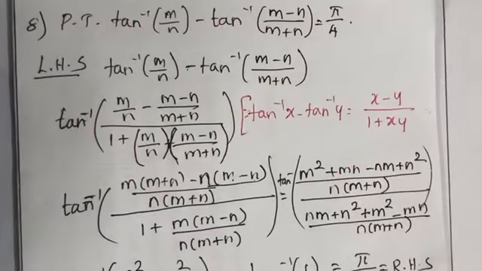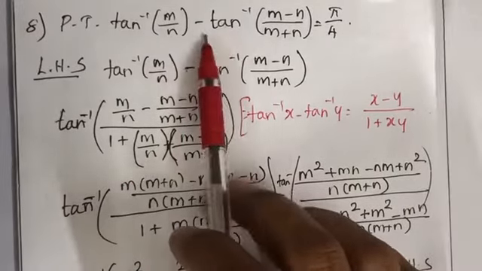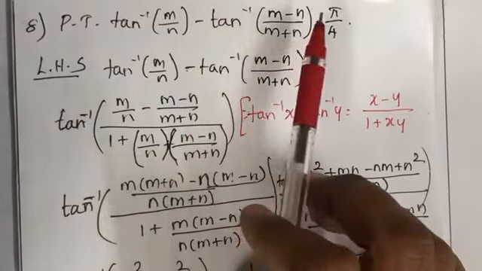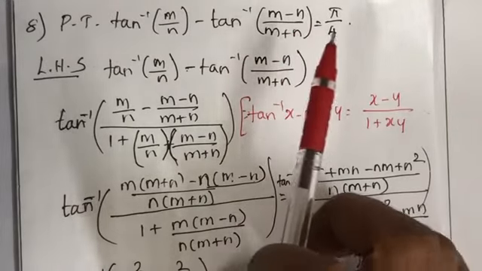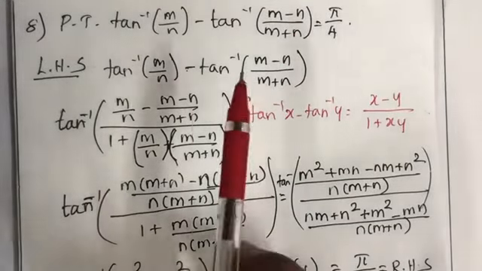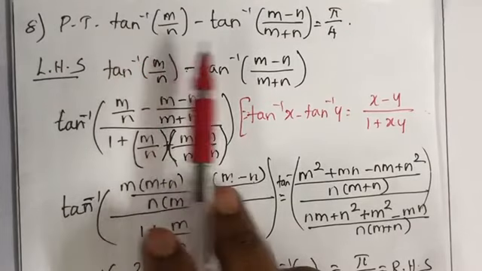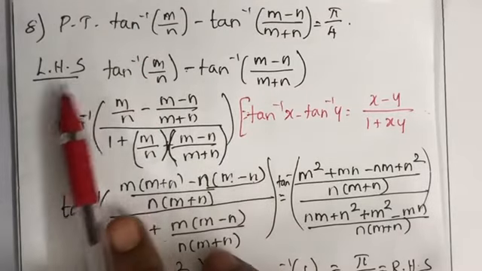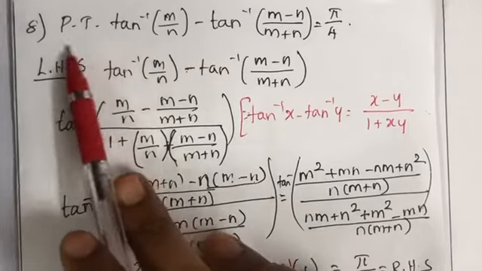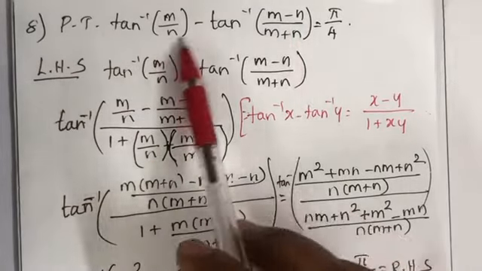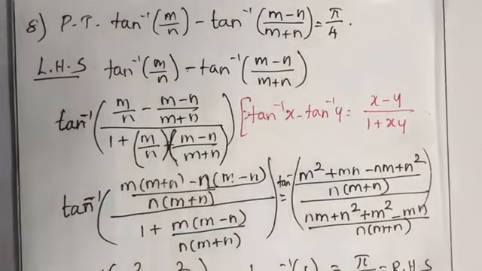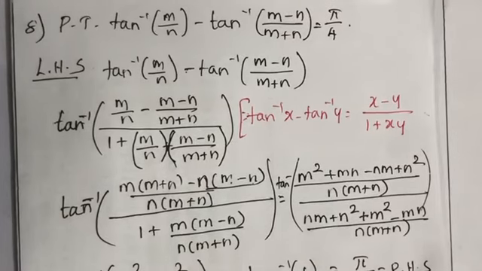8th problem. Prove that tan inverse m by n minus tan inverse m minus n by m plus n equal to pi by 4. We have come again to the same old important tan inverse formula. Prove that: we have to take one side and prove it is equal to the other side of the expression.